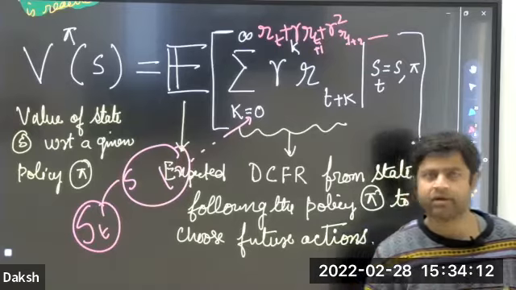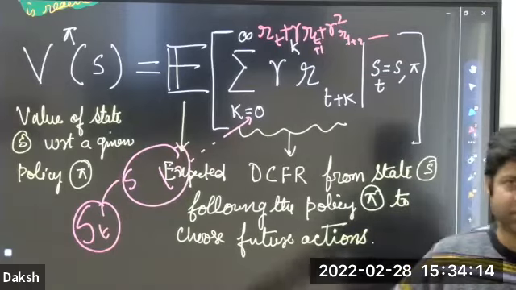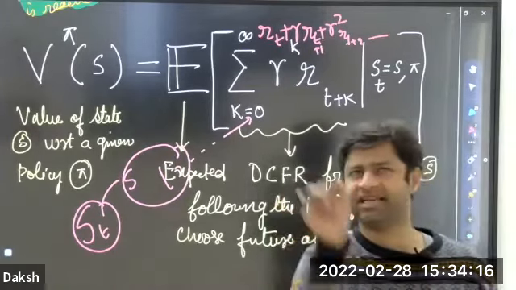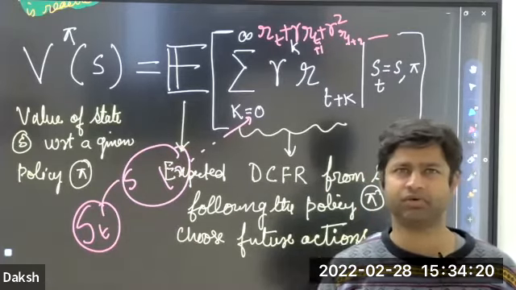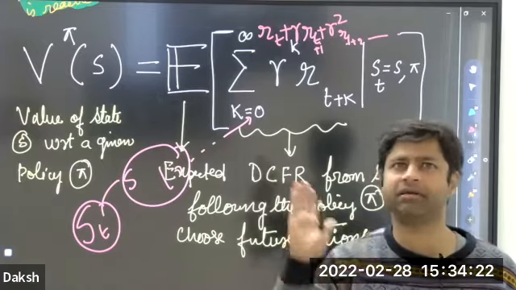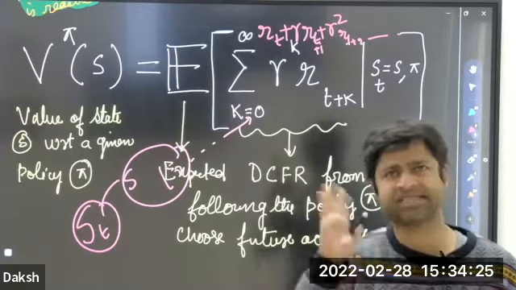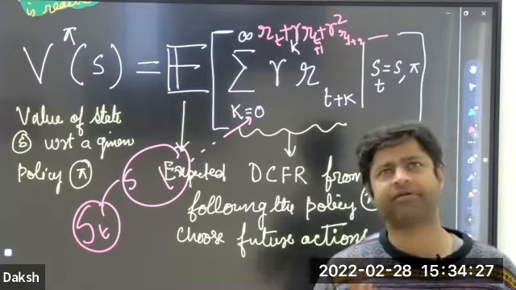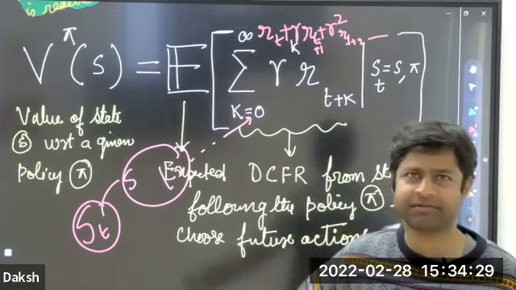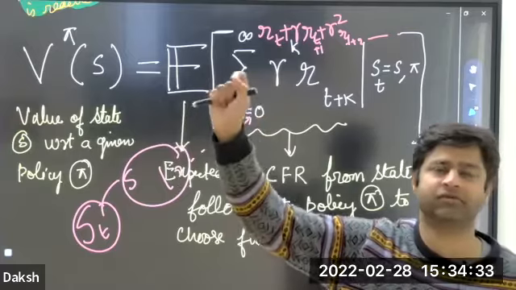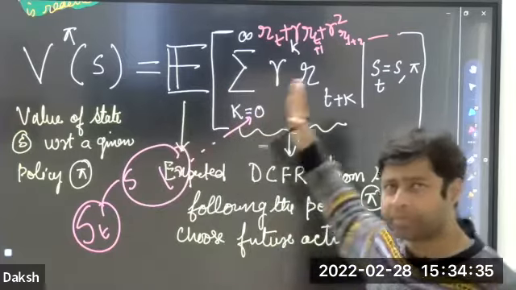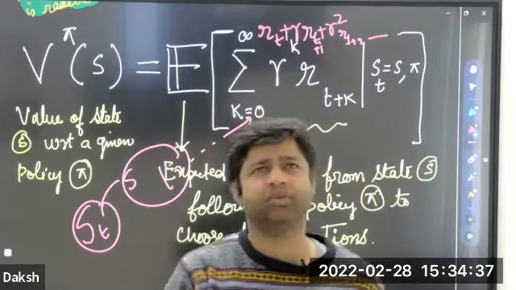When your time is starting, these are representations which are actually being used. So t is not starting from 0, t is starting from t. That's why you can see t, then t+1, t+2, t+3, t+4, and so on. In the upcoming definition, they will assume t equal to 0.